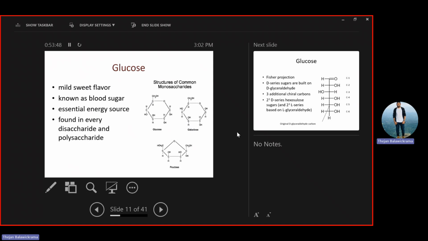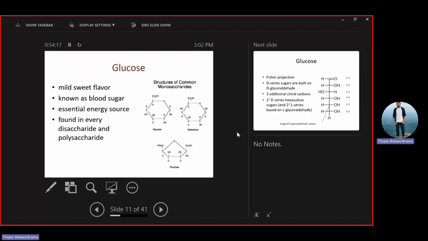Since it is at the monosaccharide level, it can be quickly subjected to cellular respiration, which we learned last week, and produce ATP. It has a mild sweet flavor. We have all eaten glucose, and we call it blood sugar.